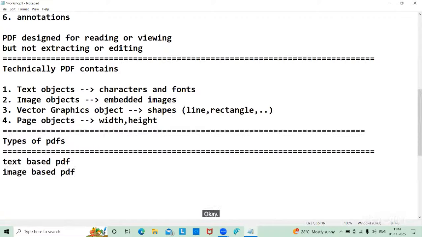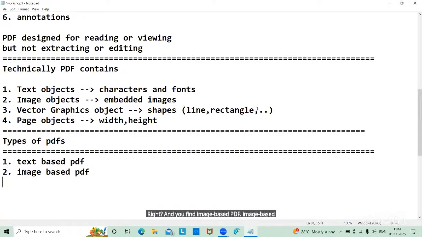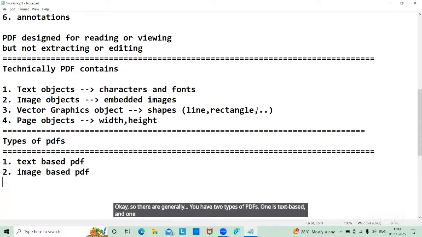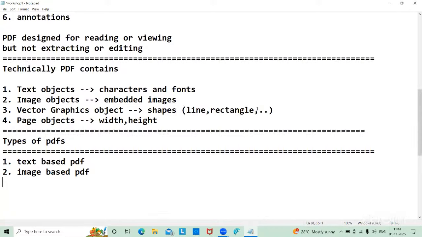So generally you have two types of PDFs. One is text-based, and one more is what? Image-based PDFs.